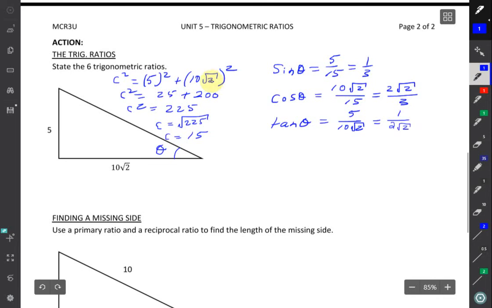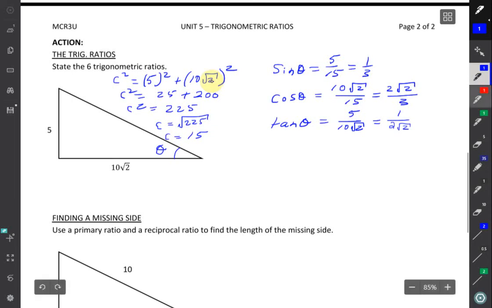Now, we need to do something that hopefully you learned in grade 10. We don't want a root in the denominator because that's really a decimal value, and denominators of fractions are supposed to be whole numbers.